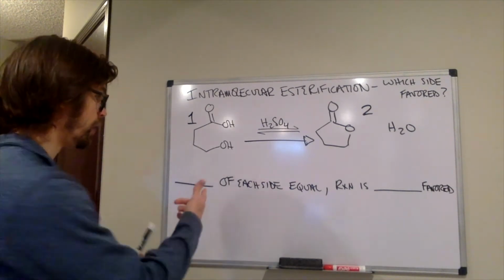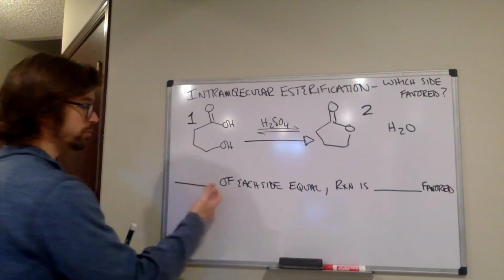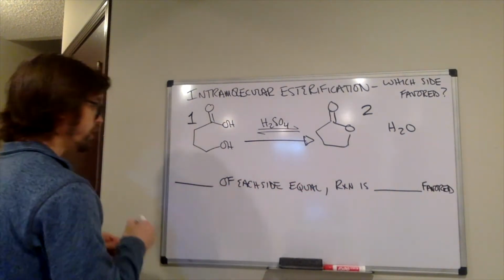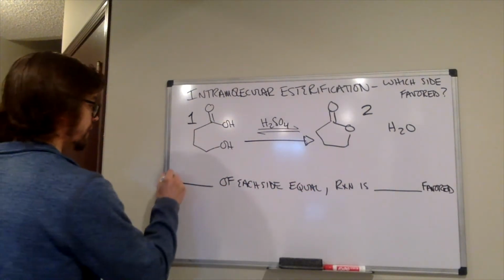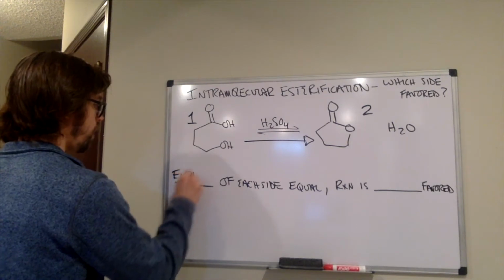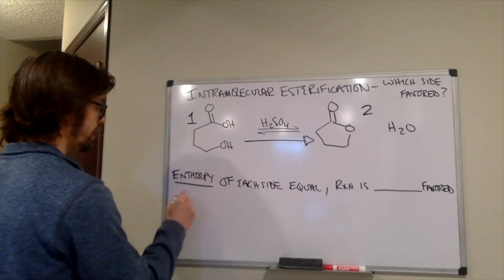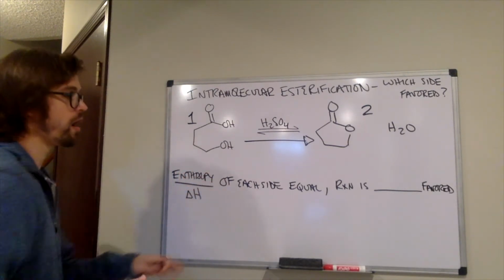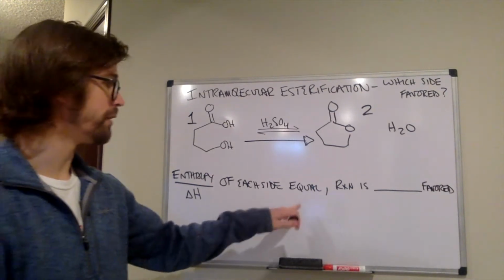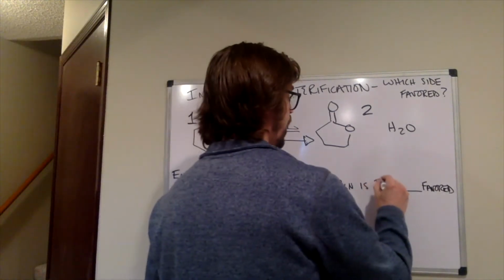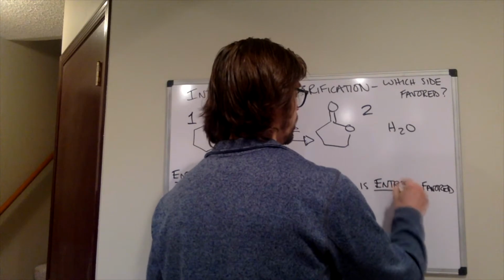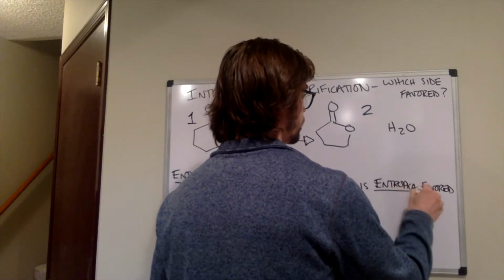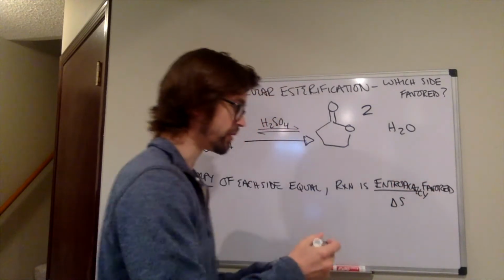So what we're going to fill in these boxes, blank of each side is equal, the enthalpy of each side is equal, and remember enthalpy is delta H. But the reaction is entropically favored. Delta S is favored.